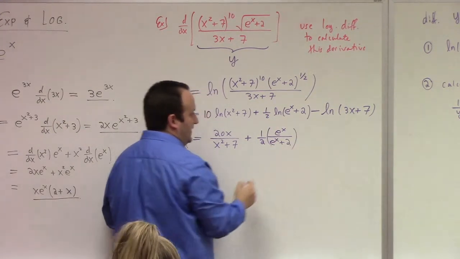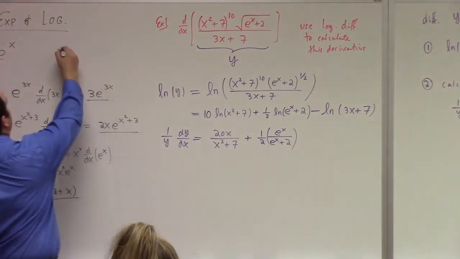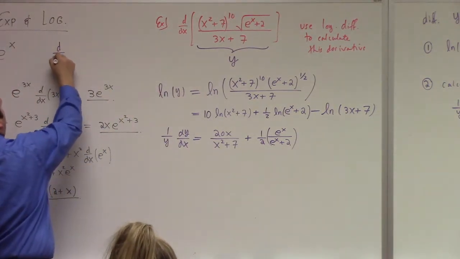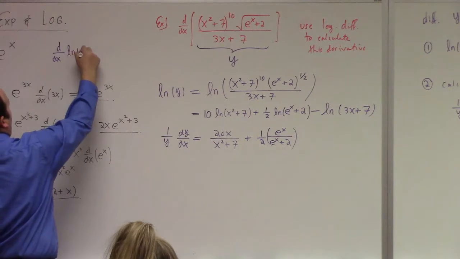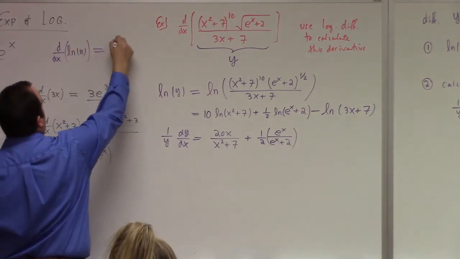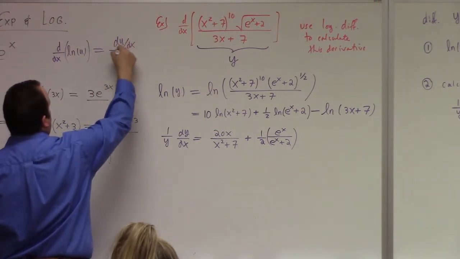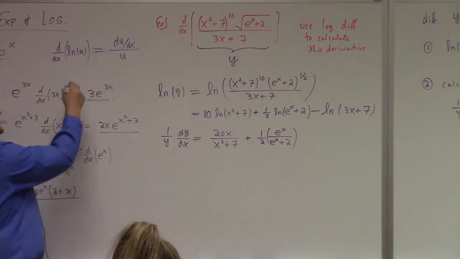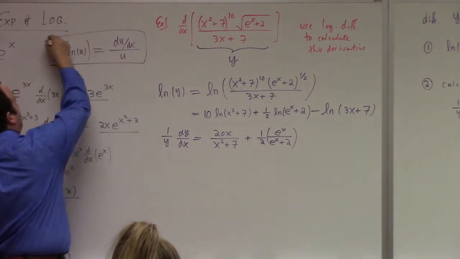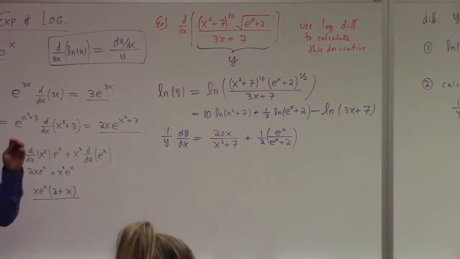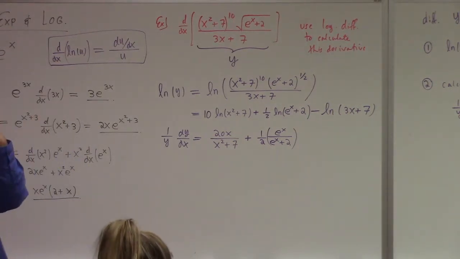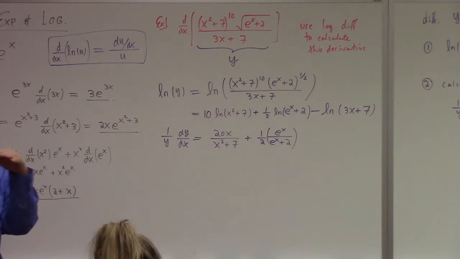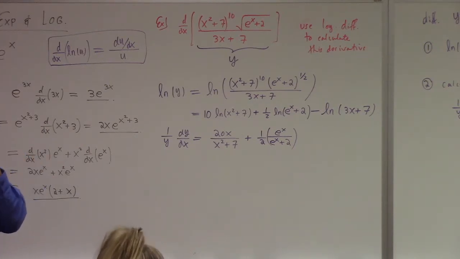Now, if you guys don't understand what I'm doing, let me just propose to you that another way to write the chain rule for the natural log is as follows. You put du dx up on the top, and then you put u over here. Pragmatically speaking, guys, this is what I usually go to for a formula for the derivative of the natural log. I just differentiate the inside of the natural log, put it in the numerator, and then divide by the function which is being natural logged.